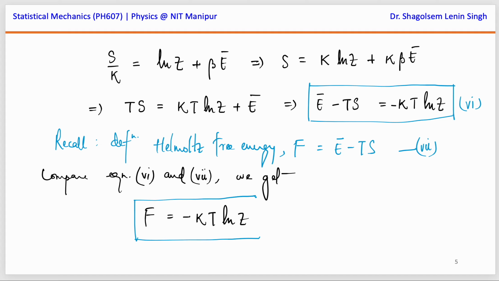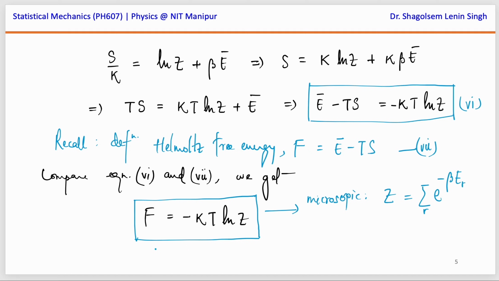And this is a relation which also establishes connection between the microscopic details, which is taken care by the partition function, which is sum over all the states, and a macroscopic quantity, which is our energy or free energy.